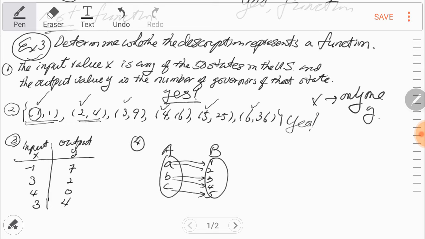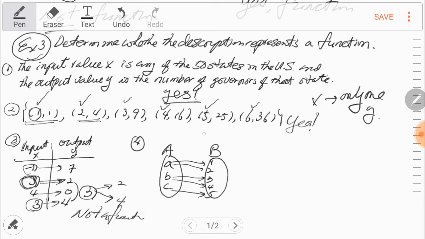Input negative 1 has 7. 3 has 2, 4 has 2, but here's another 3. This 3 has 2 and 3 has 4. So the input 3 has 2 outputs, 2 and 4. So this is not a function.